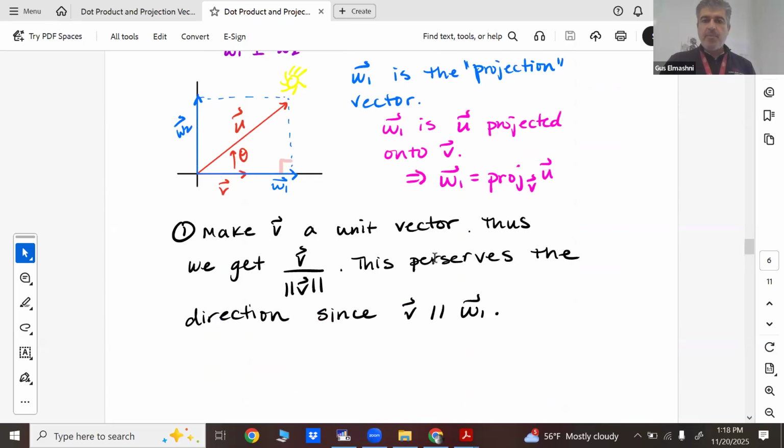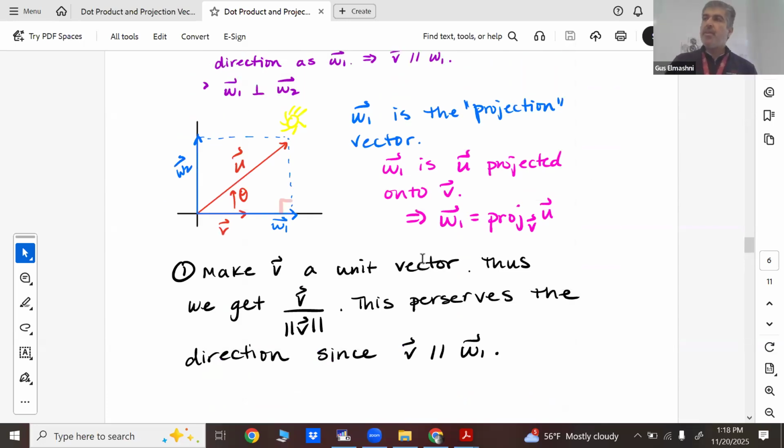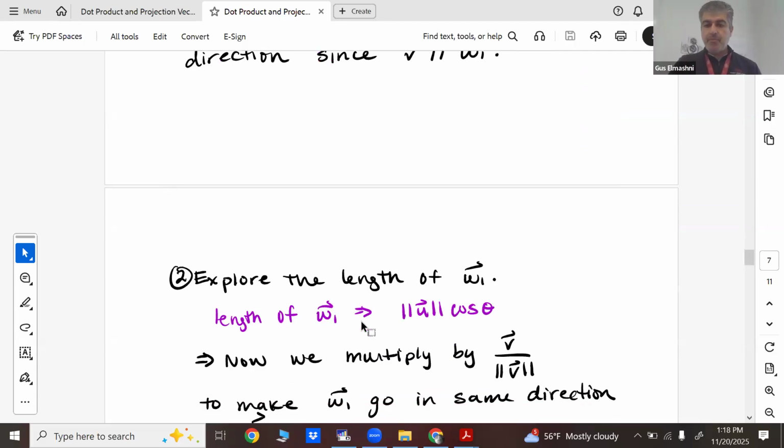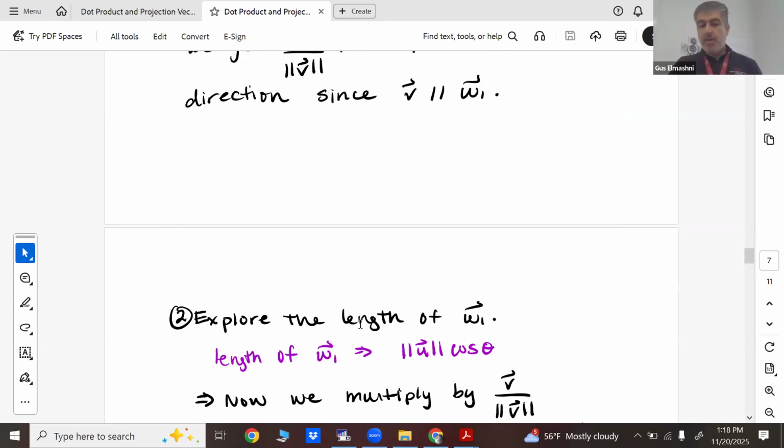And of course, to make it easier to scale up vector v, let's first scale it down to a unit vector, so it has a magnitude of 1. Because then whatever you multiply it by is going to be its new magnitude, right? So we deliberately scale it down to a magnitude of 1. And then I take the magnitude of W1, or the length of W1, and I multiply.